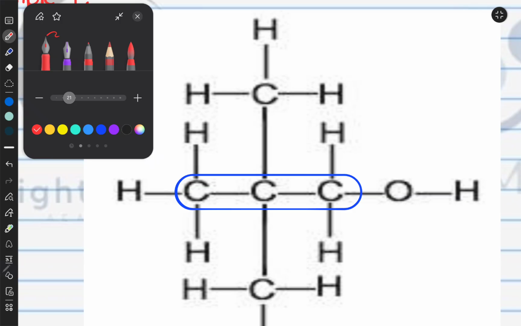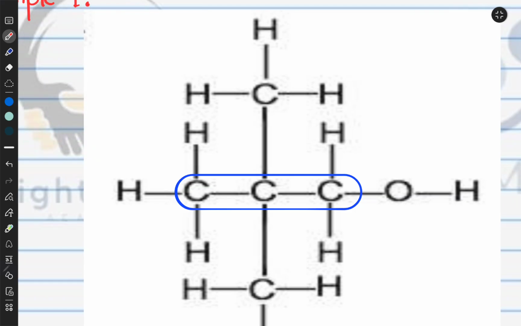All right, so if you check here, we were told as part of the rules that we must start numbering from the side nearest to the hydroxyl group. So the hydroxyl group is closer if we start numbering from this side, from right going to the left. So we can go and say 1, 2, 3, right?